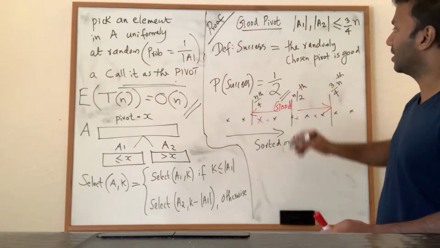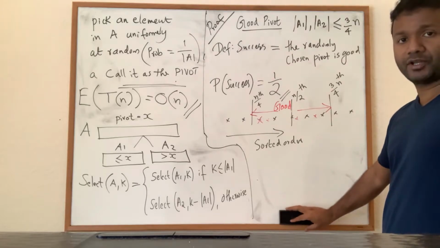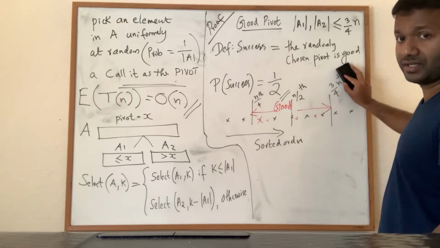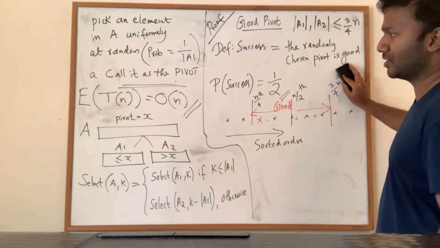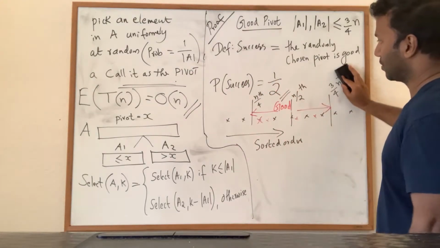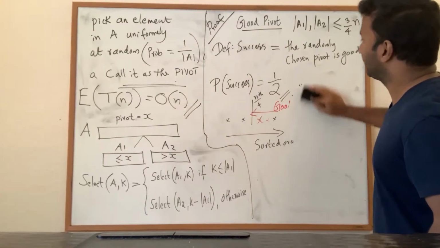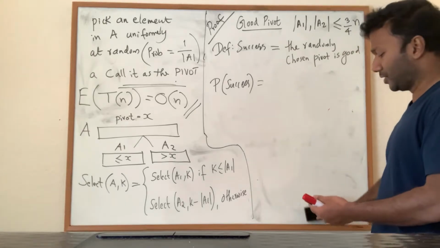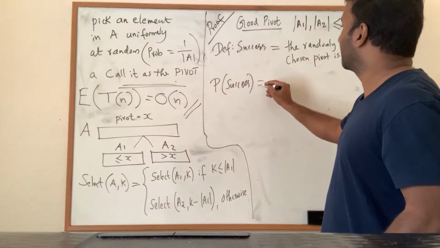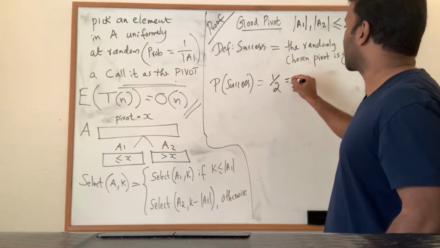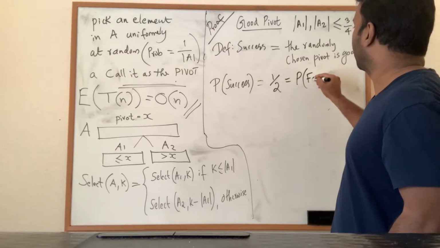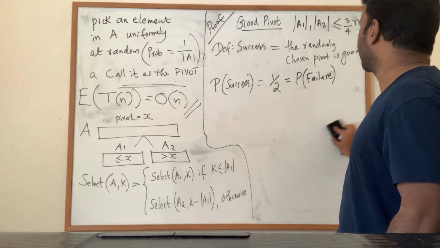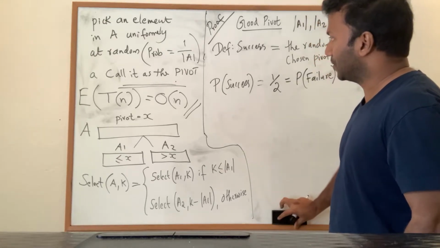So that is how I get the probability of success equal to half. Okay, first time when I pick a randomly chosen pivot, the success probability is half. Essentially, the probability of success is half, which is the same as the probability of failure. Okay, so this is good.